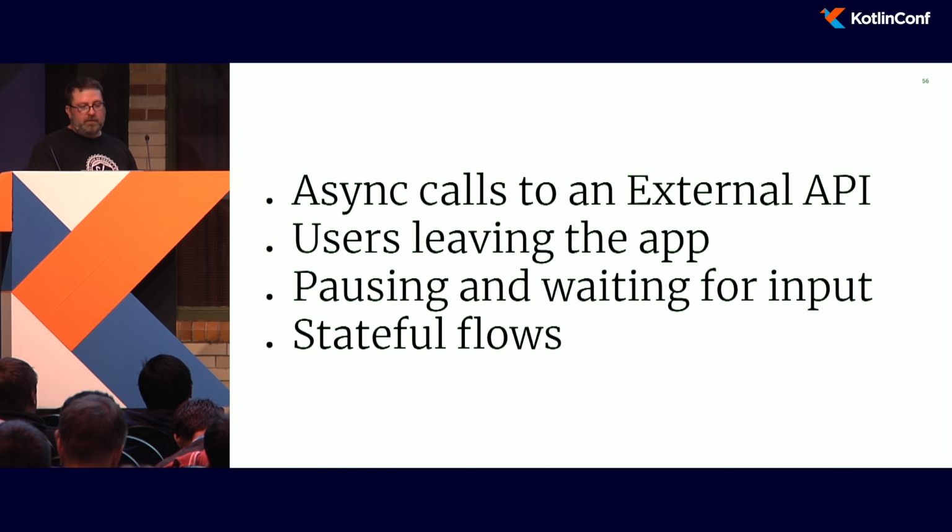And then finally, some of the flows are stateful. So if the user has used social sign-in before, we can skip the password step. But if it's their first time, we definitely want to ask them to put in their password so we can link their social account with their real account.